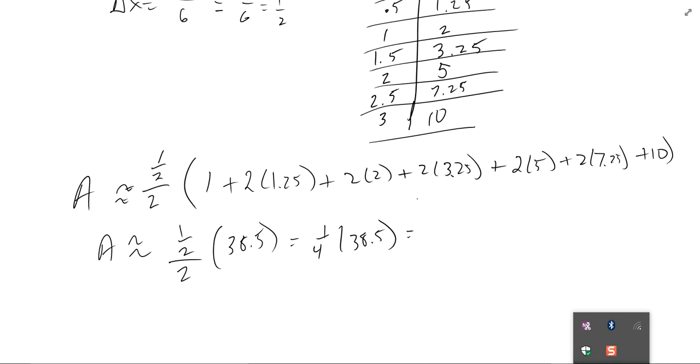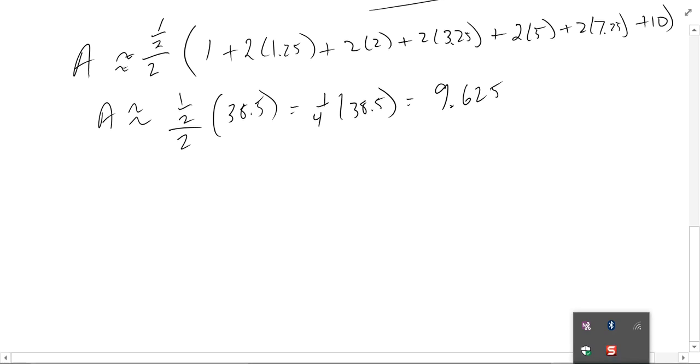Whoops, that wasn't right, 38.5 divided by 4 is 9.625 as our trapezoidal approximation of the area underneath that curve, or the value of that definite integral.